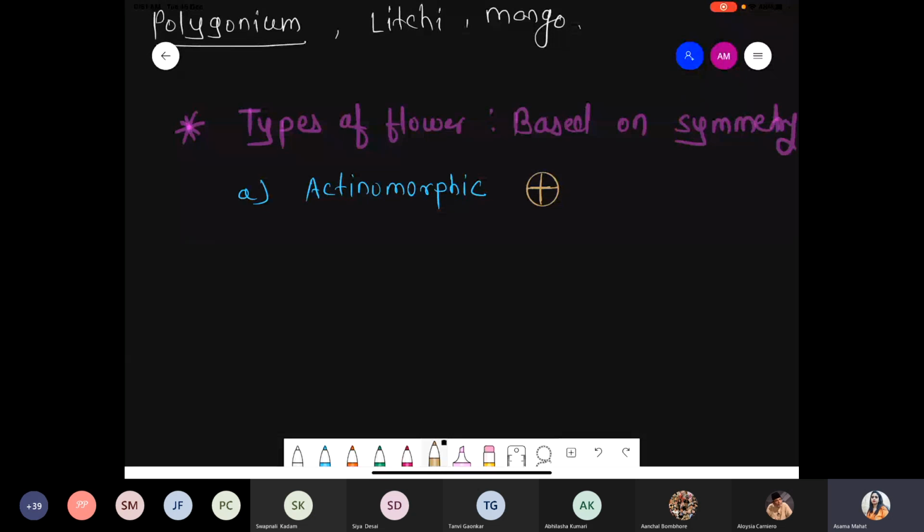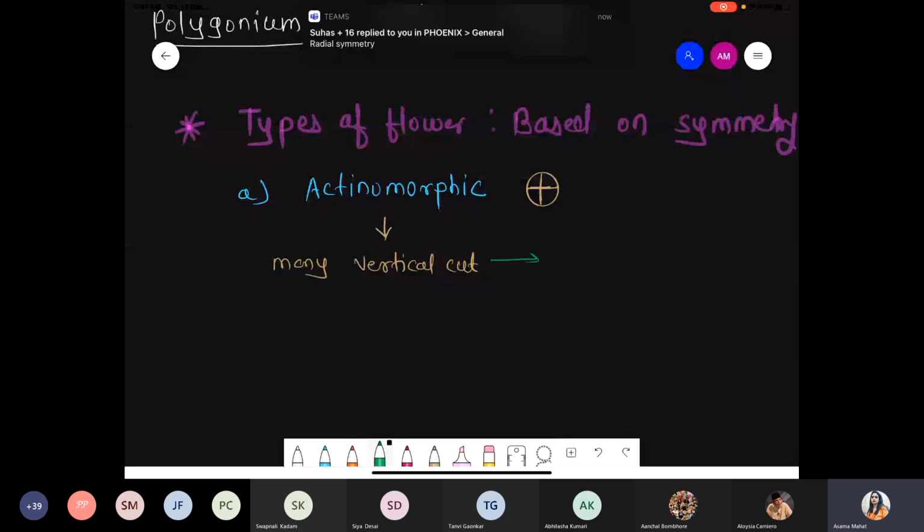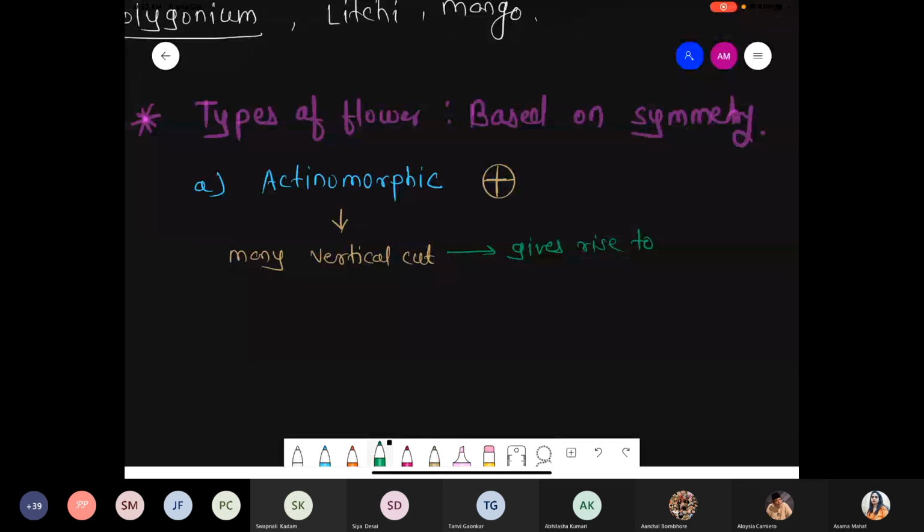So what is the meaning of the actinomorphic? Many vertical cut that gives rise to equal size. ठीक है.